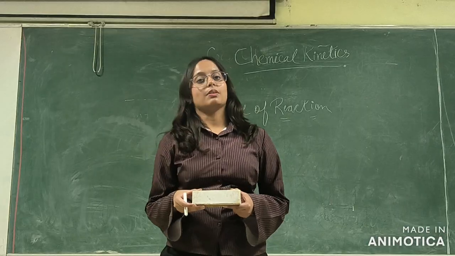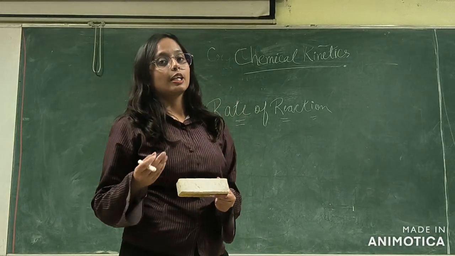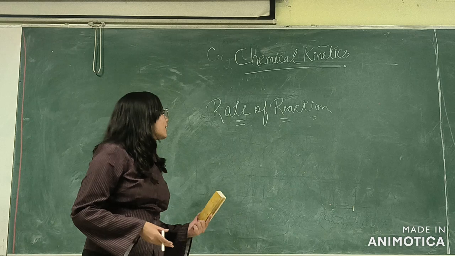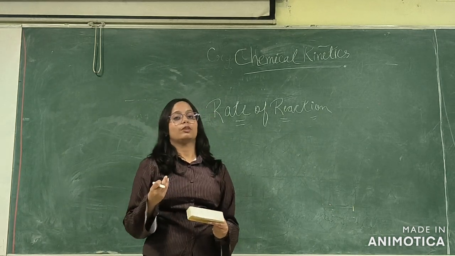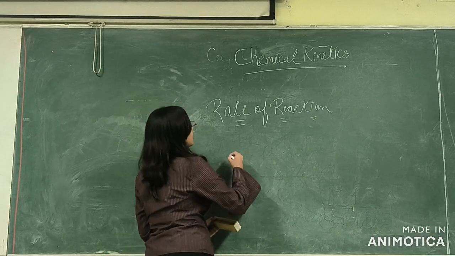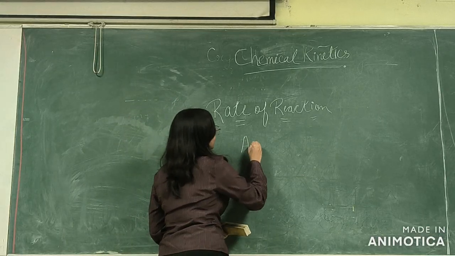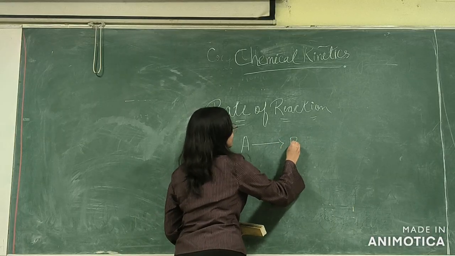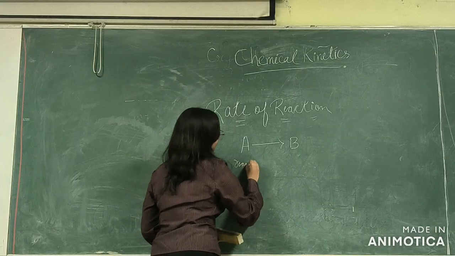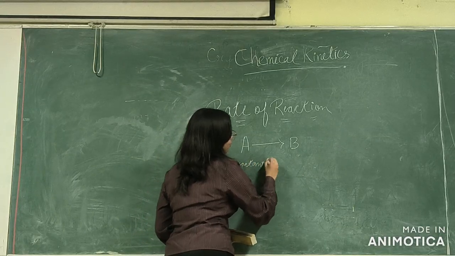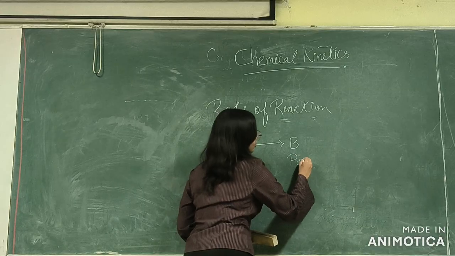How do we calculate the speed? By dividing the distance by time. Similarly, the rate of reaction can be calculated by dividing the concentration of the reactant by time. So, let us consider the reaction A forming B. Here A is the reactant and B is our product.